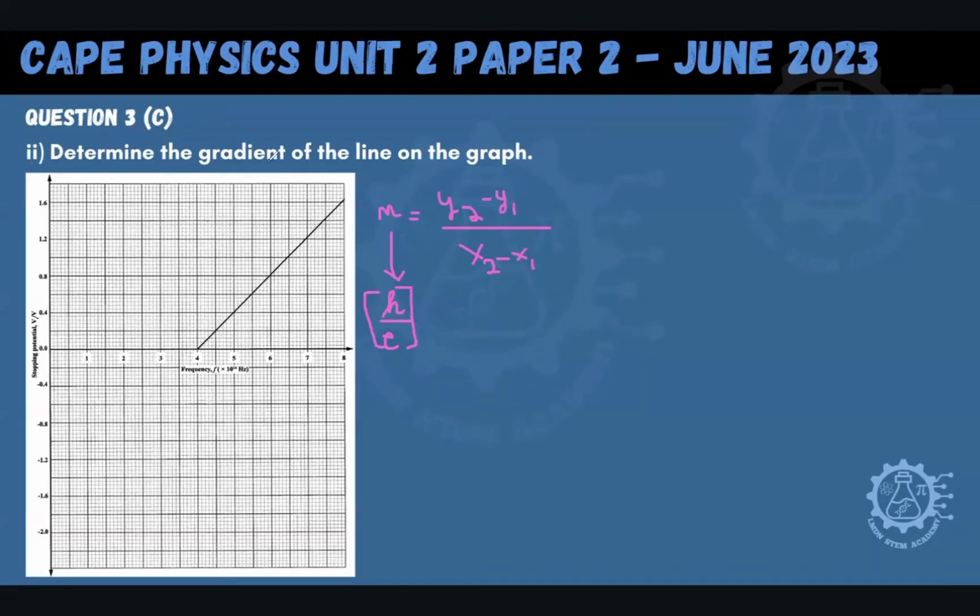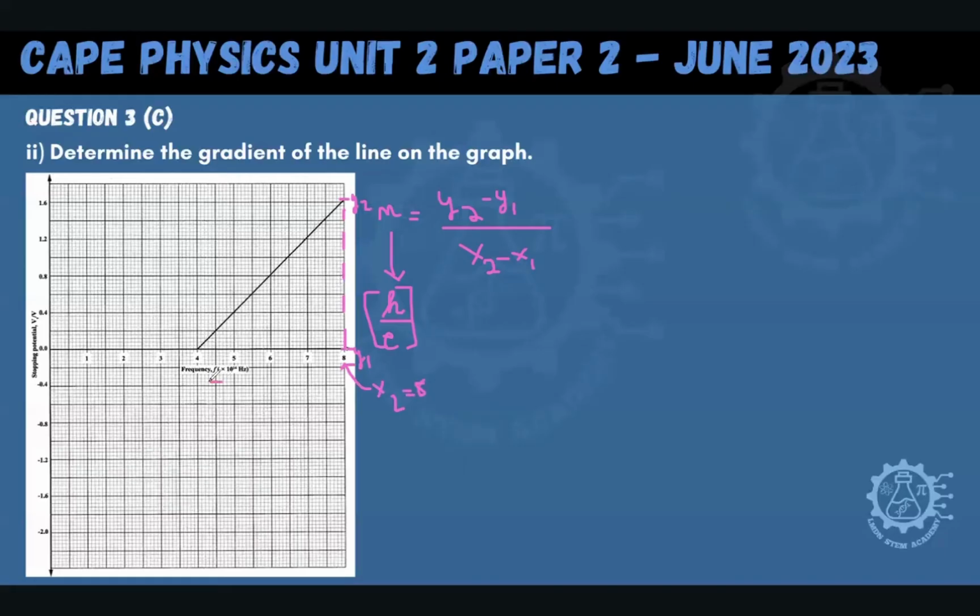But let's calculate it now from the graph, right? So I'm going to take this as my y2, that point right there. And I'm going to just use 0 as my y1, right? The x that corresponds to my y2 would be 8. So this right here that corresponds to my y2 is my x2, and that is 8, right?